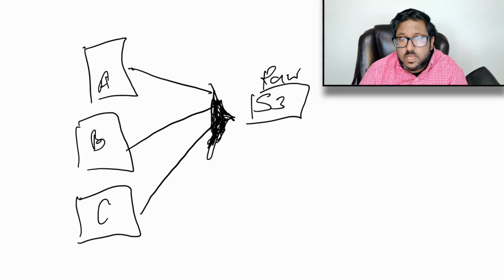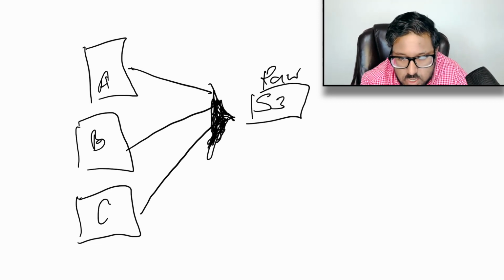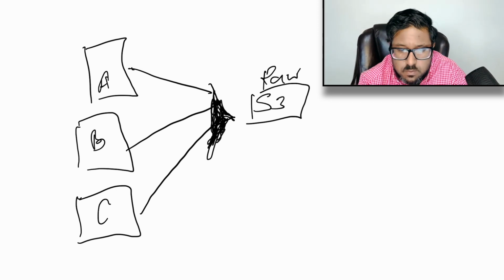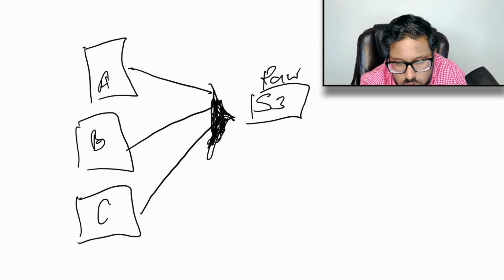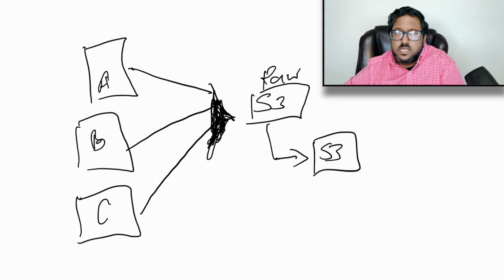So once we have it in S3, you typically move that into another S3 bucket where you transform only the data that you need to transform. So from here, we'll move to another S3. And bucket, again, is similar to a folder structure. So think of your top-level folder as a bucket.